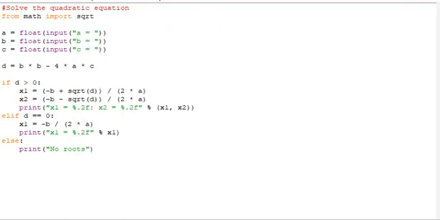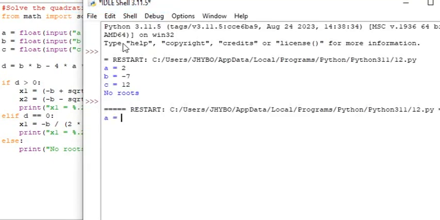So let's try to run again. If a is equal to 2, b is equal to 6, and c is something else, again no roots.